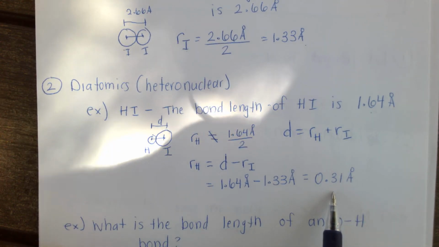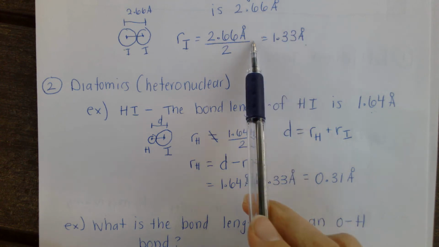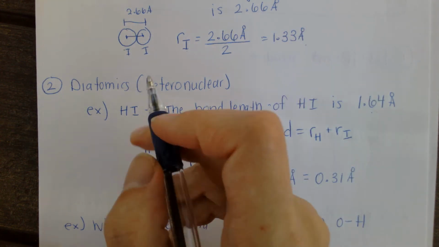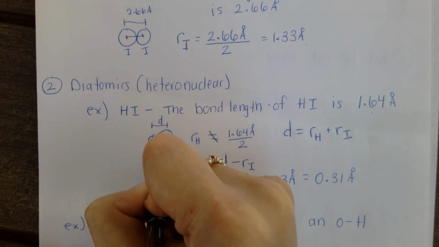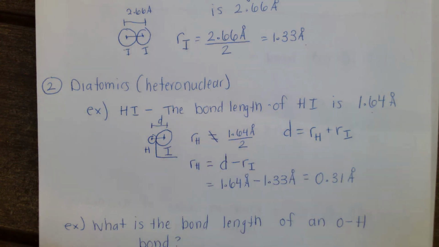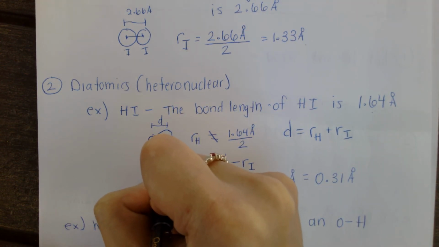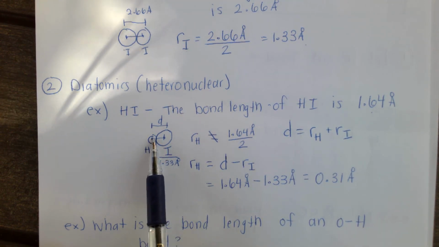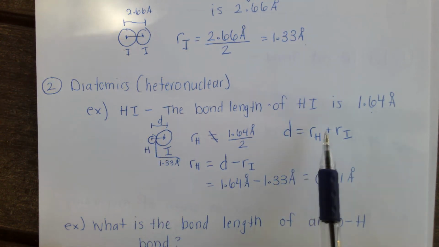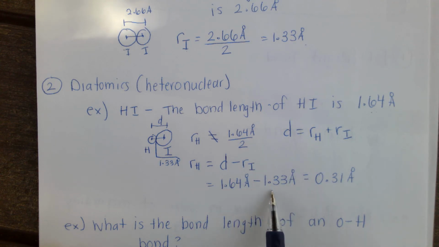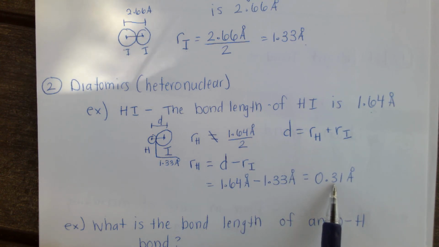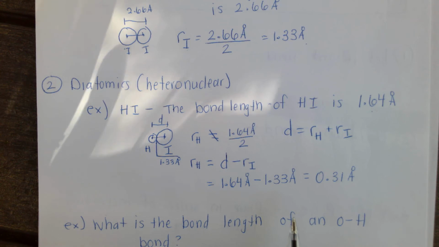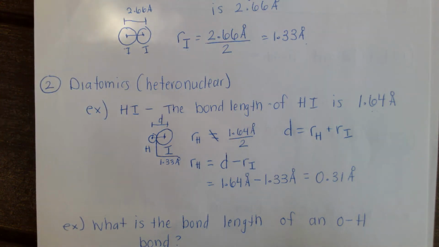And that's exactly how it works. We know the other part of this has to be hydrogen, so we subtract out the one we know for iodine and we get hydrogen.